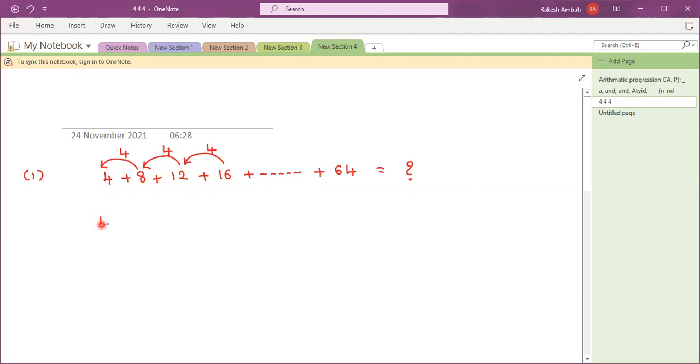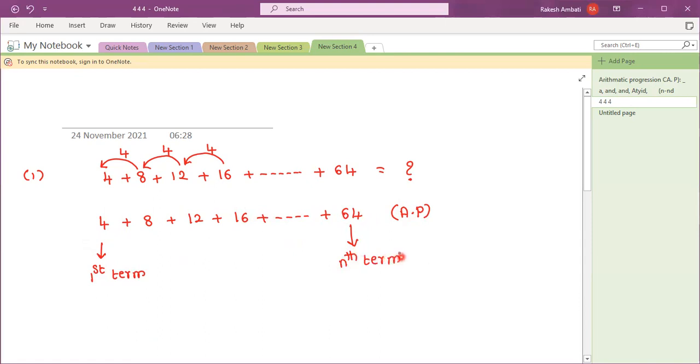So what is the given arithmetic progression? 4 plus 8 plus 12 plus 16 plus and so on plus 64. Here 4 is the first term and 64 is the nth term.